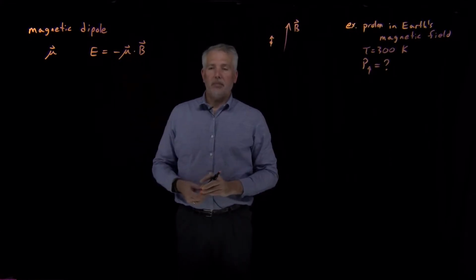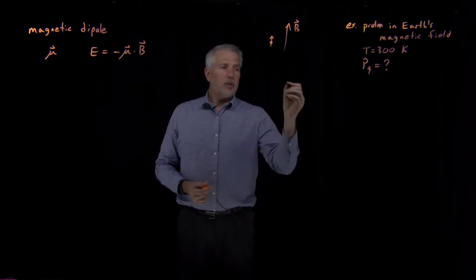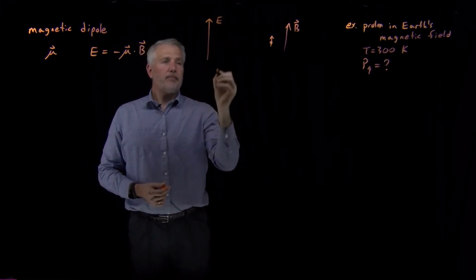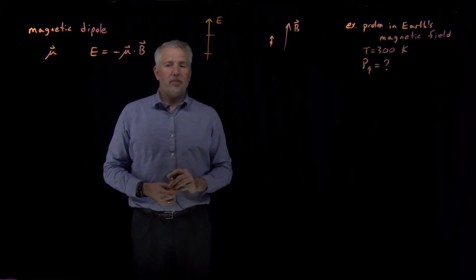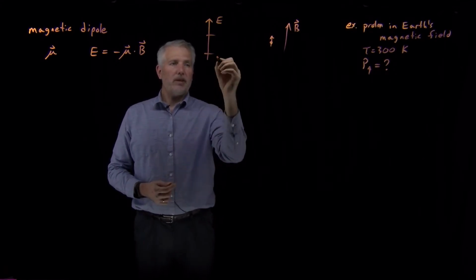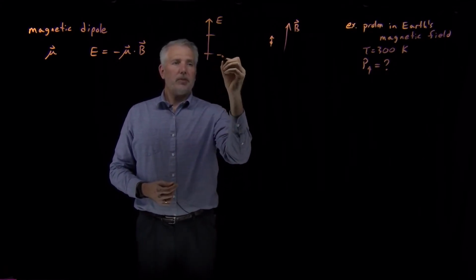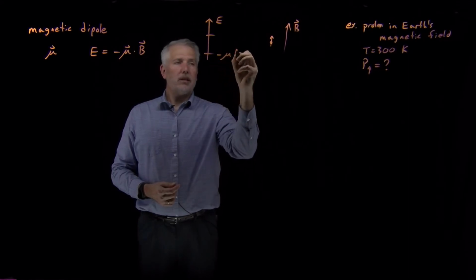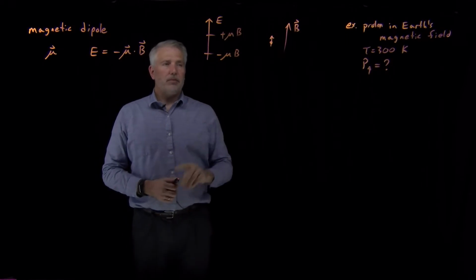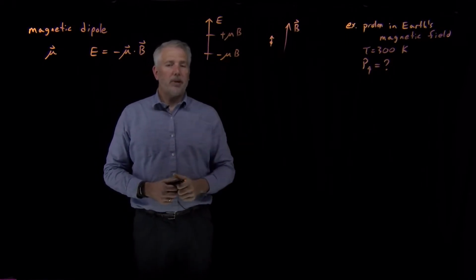the magnetic dipole. So what that means is if we were to draw an energy diagram for a spin 1/2 nucleus that can have two values of the spin, up or down, the values of the energy can be minus magnetic dipole times the magnetic field strength, or plus magnetic dipole times the field strength.